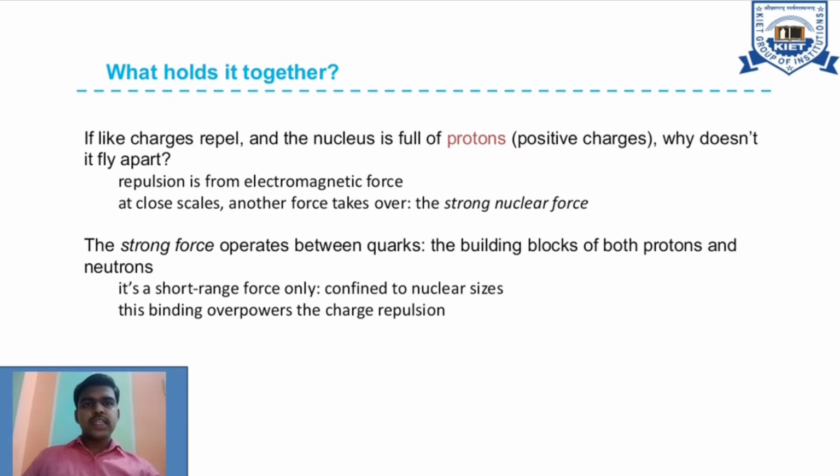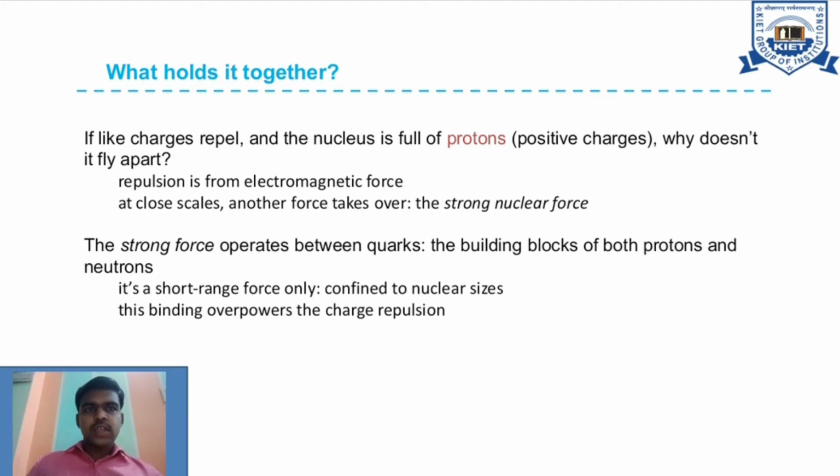This is generic information about the nucleus. Let's have a detailed look at what is holding it together. What is happening in our neutrons? Look at this. What holds it together? Like charges repel and the nucleus is full of protons.